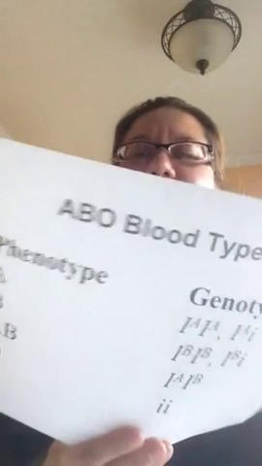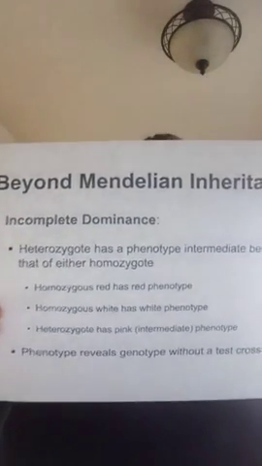Never try this stuff. Okay, here are the blood types: A, B, AB, O. You have incomplete dominance. Pleiotropy occurs when a single mutant gene affects two or more discrete traits.